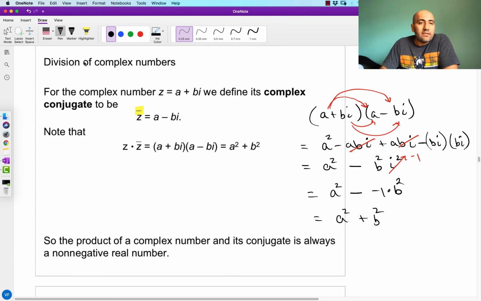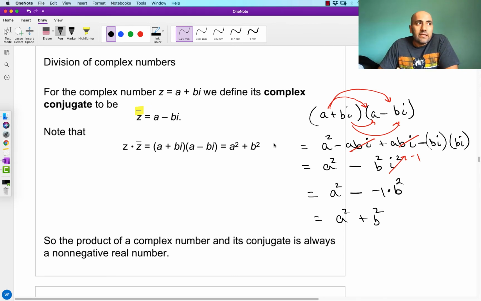So the important thing we should get out of this is that when we have a complex number and we multiply by its complex conjugate, the output is going to be a number that doesn't have an imaginary part, where the imaginary part is 0, right? The i's are gone. So we can always put a plus 0i at the end, and it is a complex number, so I'm not going to say it's not a complex number.